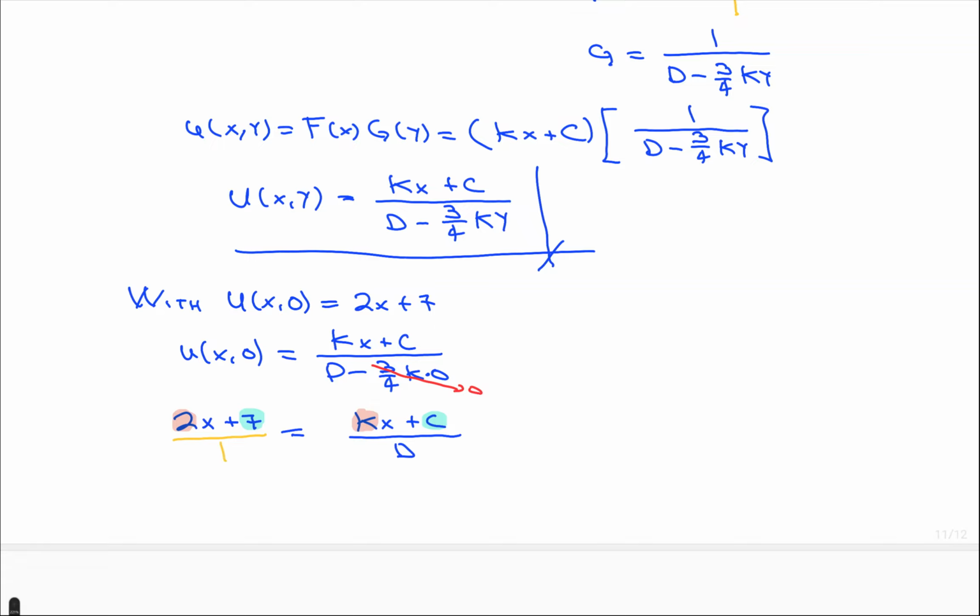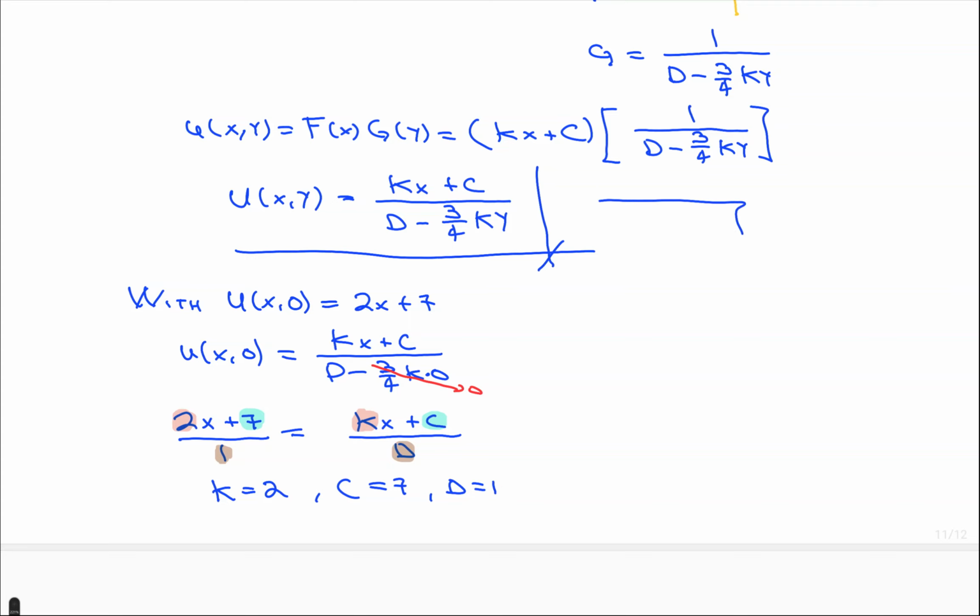There's an invisible 1, right? Let me change color. I'm going to highlight: d equals 1. With this, we can write down our coefficients: k equals 2, c equals 7, and d equals 1.